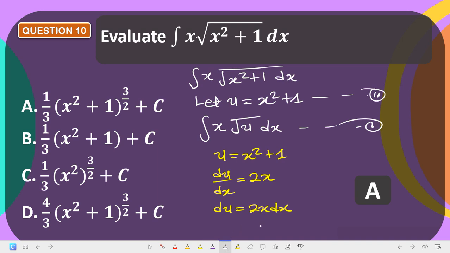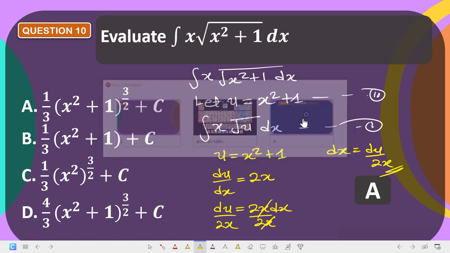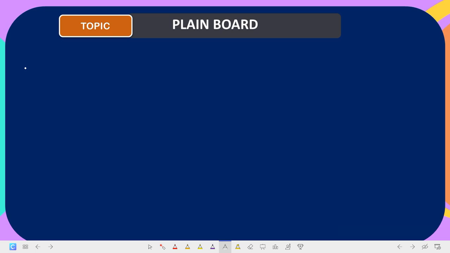Now, to find ds, what do you do? Divide both sides by 2s. So 2s cancels 2s. Our ds is du all over 2s. So wherever you see ds, what would you put? Du over what? 2s. Now remember that our initial equation was what?